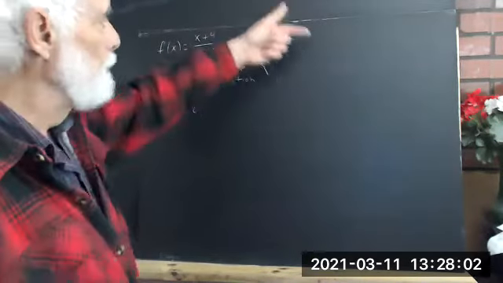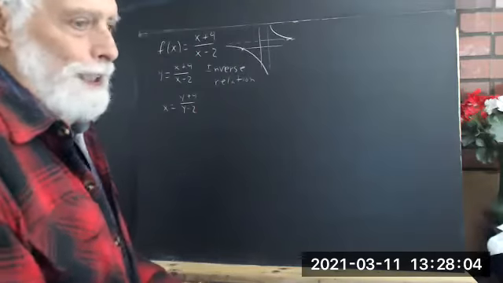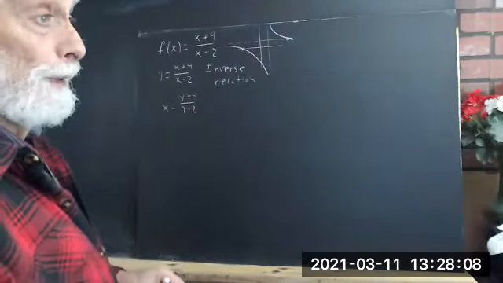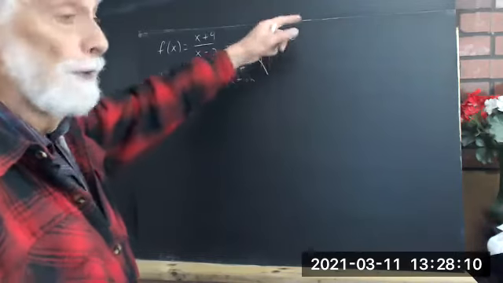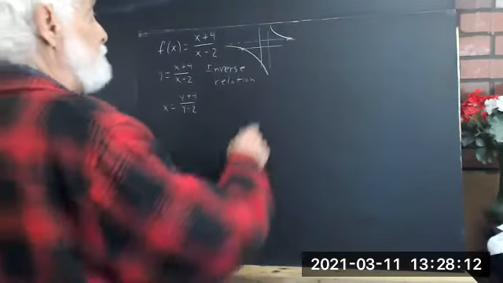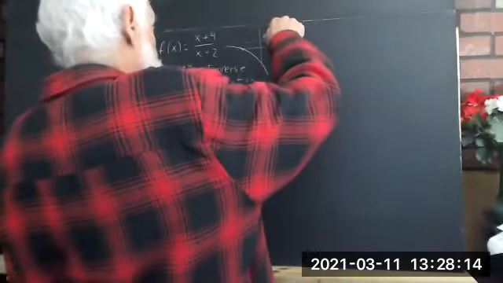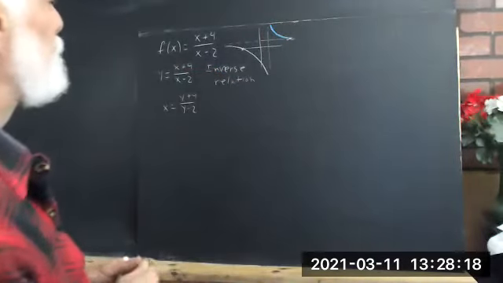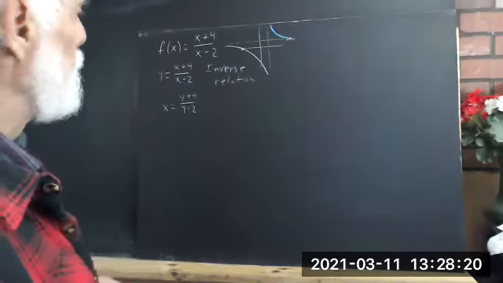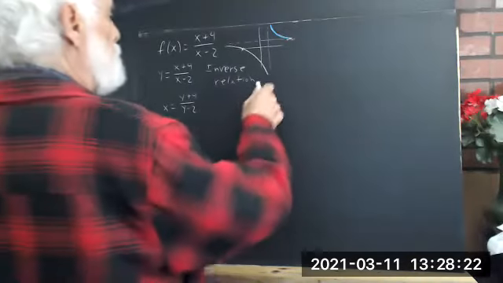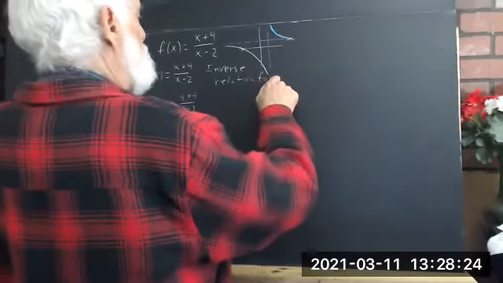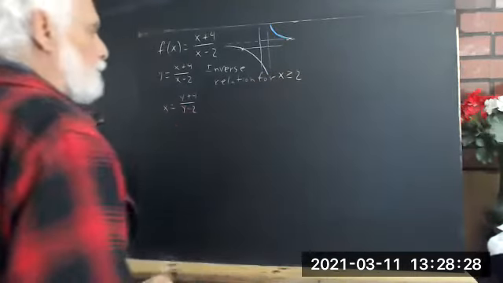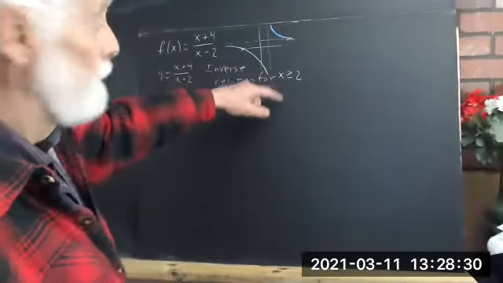This is an example of a function where you can't have a domain where the function is increasing. So we restrict the domain here. And the inverse relation has to be x greater than or equal to 2.